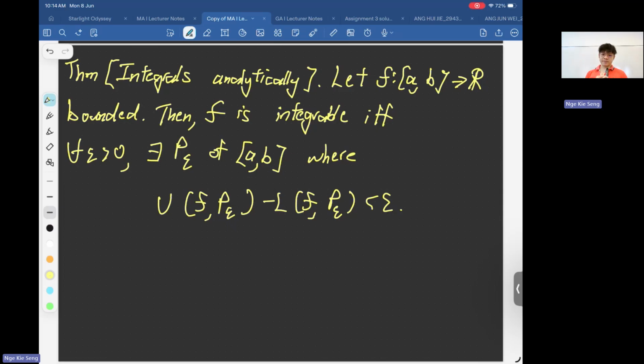So what do you think? Which direction is easier to prove? Right to left or left to right?